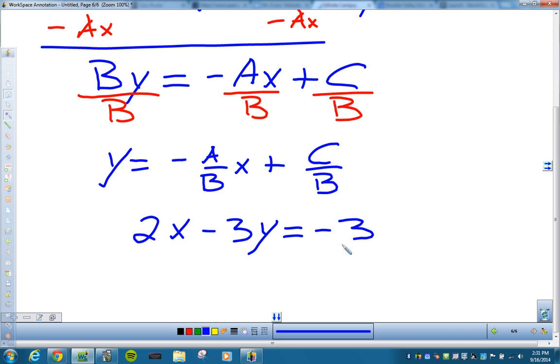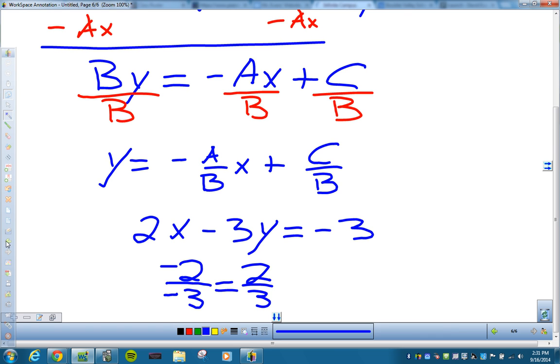What's the slope? 2/3, is that right? So negative A over B, we have -2 over B is -3, and then the negatives disappear, so indeed it's 2/3. So remember that. Slope, if it's in standard form, you can always use negative A over B. Makes it easy, yeah? And if you want the y-intercept, you can do C over B.